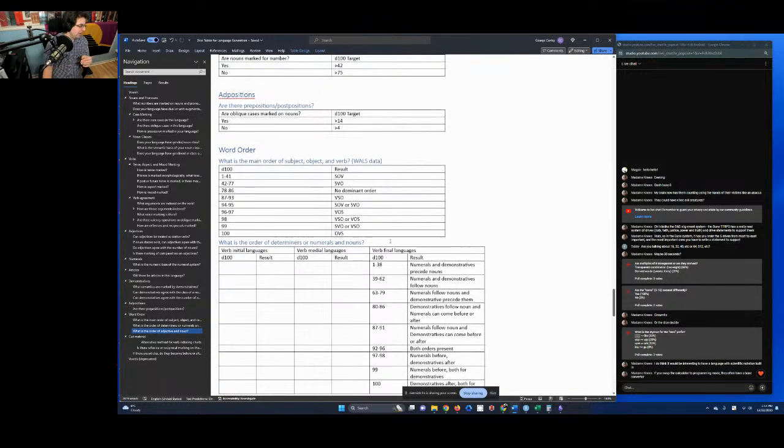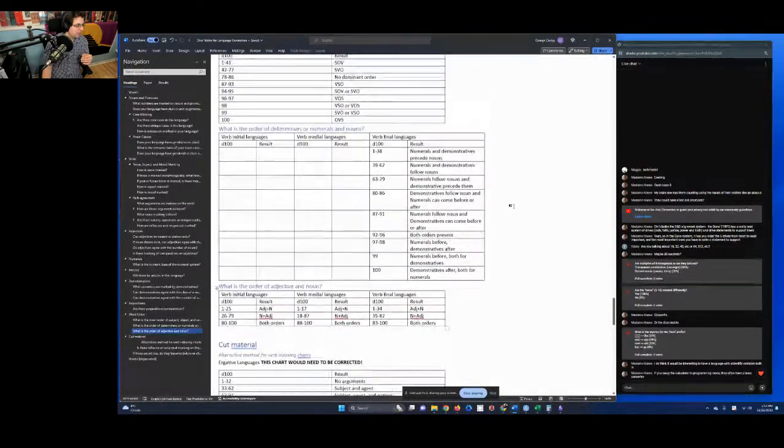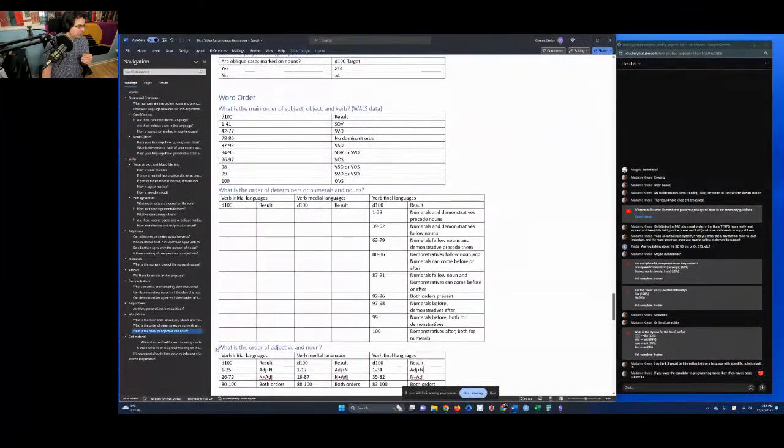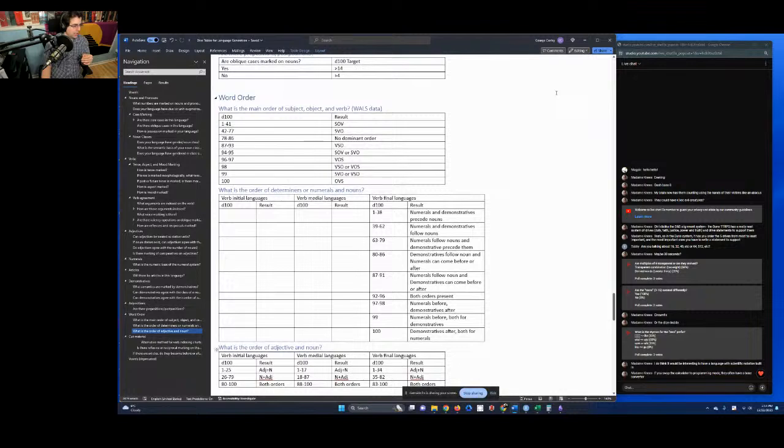Now, we have determined the word order of nouns with the determiners and the adjectives. I don't want to wait on this. Okay.